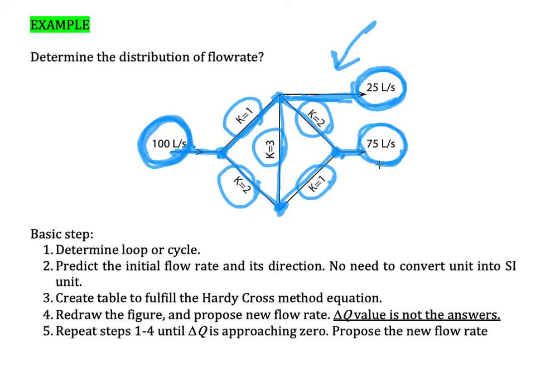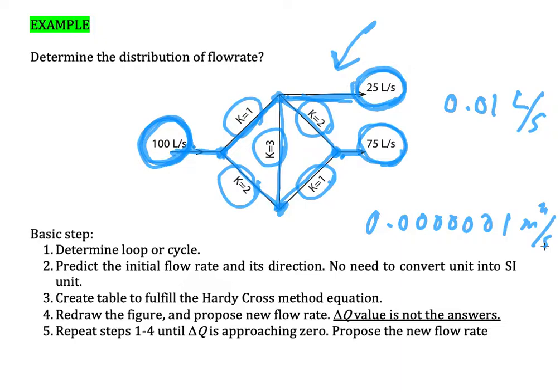For example, people talk about 0.01 liter per second. If we convert this into meter cube per second, you will have 0.000001 meter cube per second. It gives a very small number, which will complicate your calculation later on, so normally we use liter per second to solve this problem.